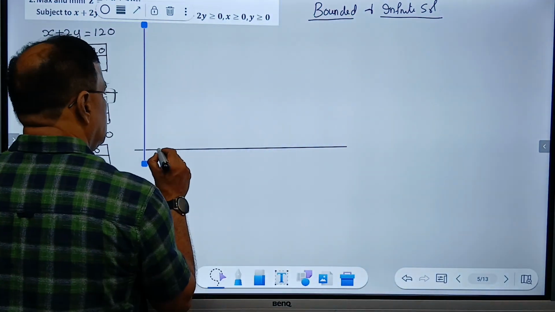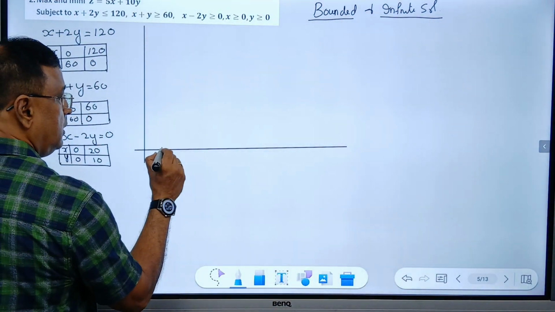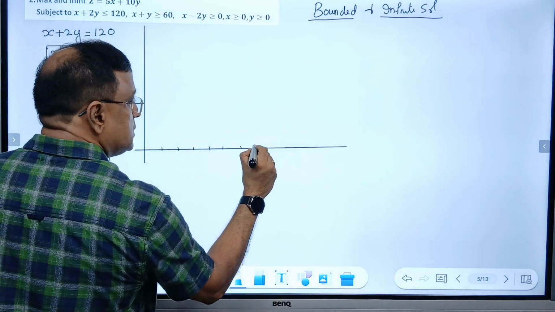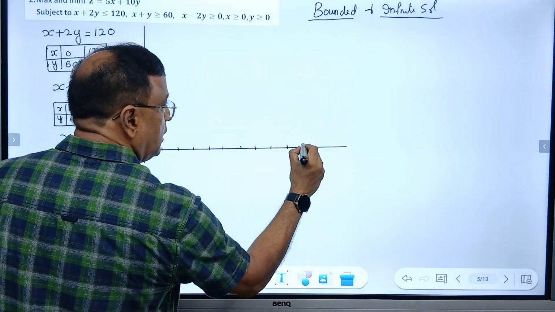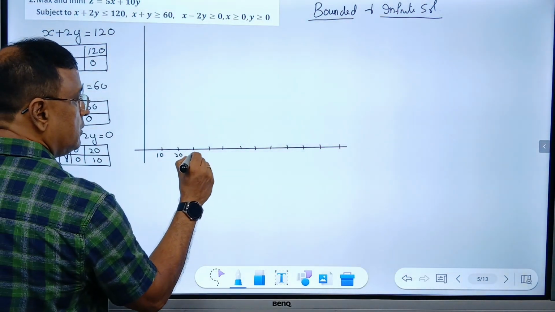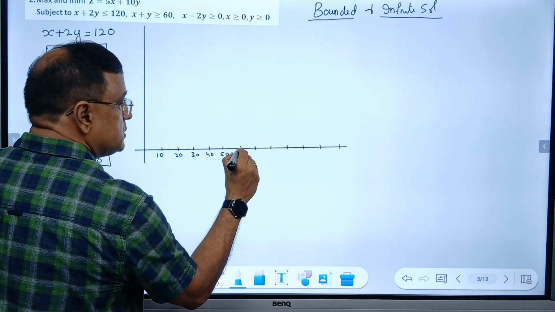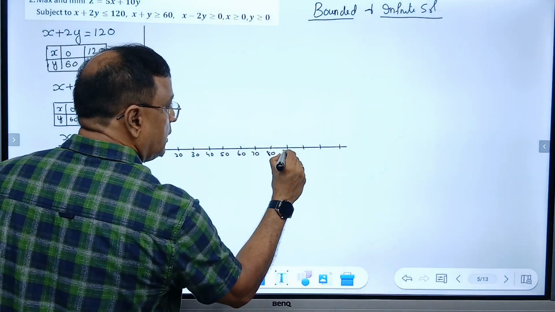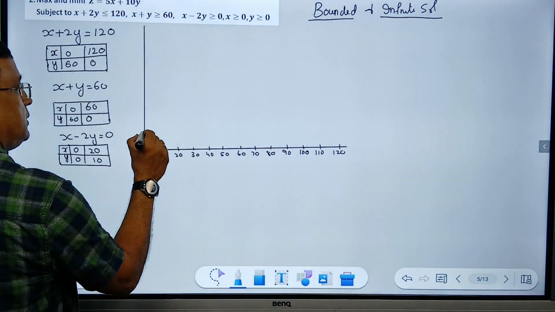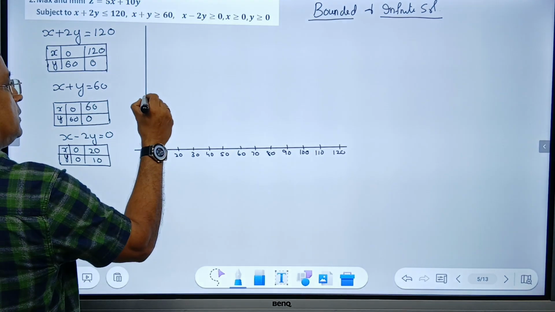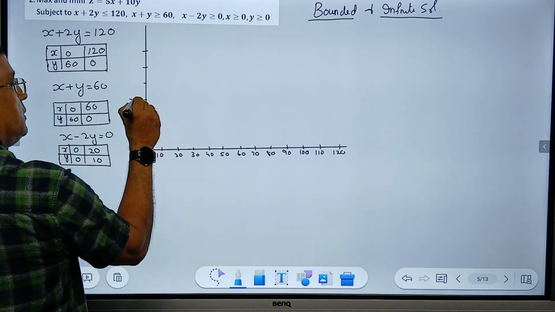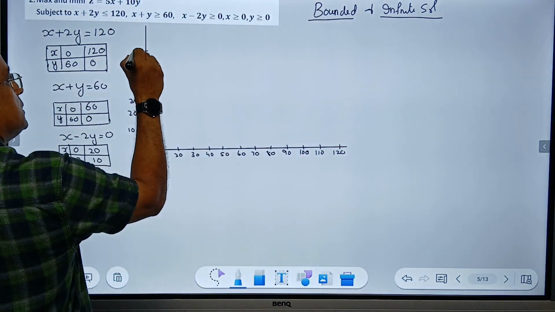So I'll mark the x-axis as 10, 20, 30, 40, 50, 60, 70, 80, 90, 100, 110, 120, and the y-axis as 10, 20, 30, 40, 50 and 60.